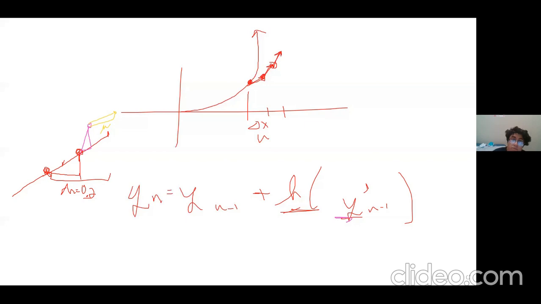Slope fields really just use logic. I don't know what else to say, because these are dy over dx given x and y, something like that, right? Or maybe if it was just x, you know that as y varies, nothing changes in the slope.